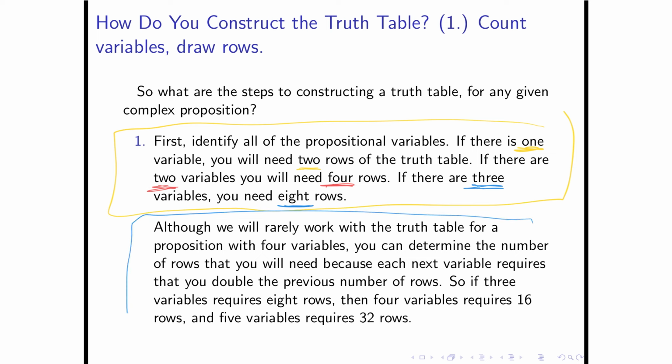So although we will not often work with propositions that have many more variables, because the number of rows just grows so quickly, and then filling in these tables becomes a real chore.